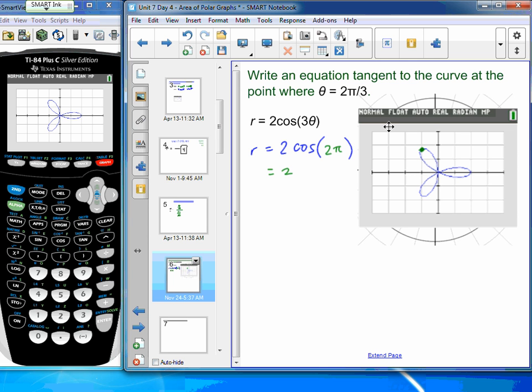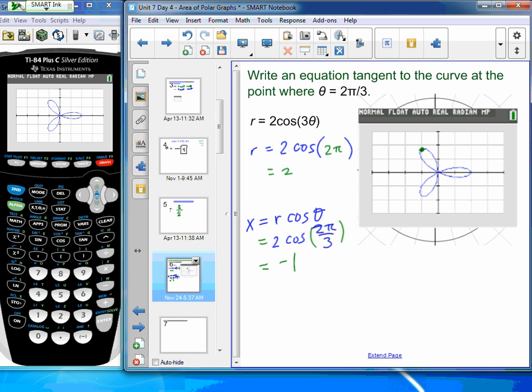We also know that x is given by r cosine theta. For us, r is 2. So 2 cosine of 2 pi over 3. And the cosine of 2 pi over 3 is negative 1/2, times 2 is negative 1.